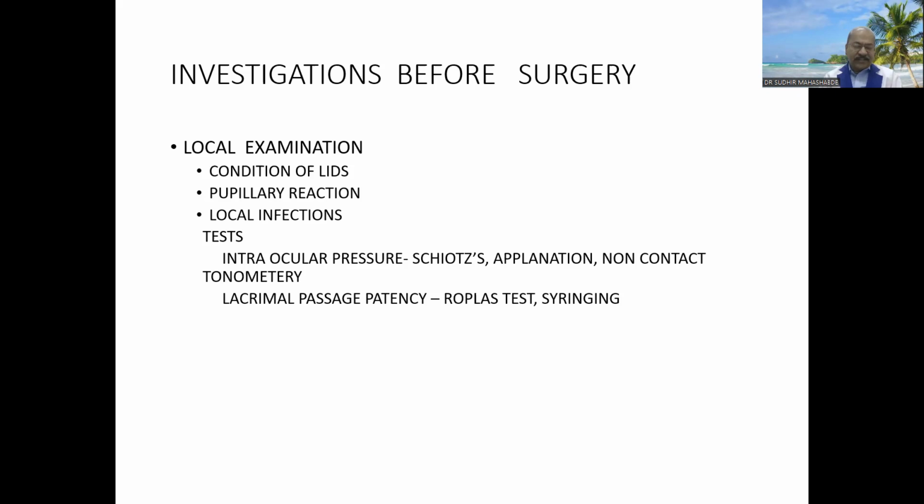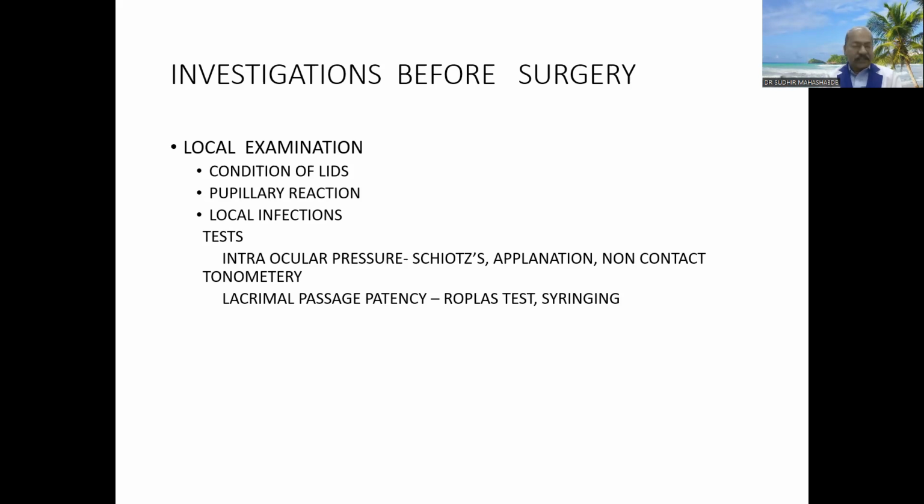We see the pupillary reaction; a brisk, normal pupillary reaction is what is expected. Then any other local infection, any conjunctivitis or other eye infection, has to be ruled out.